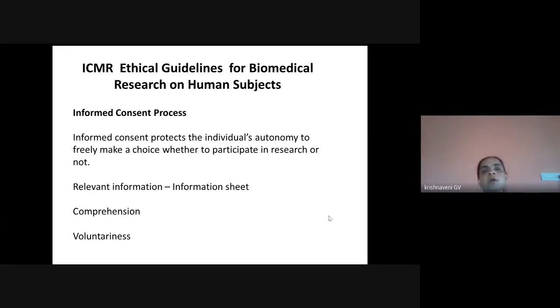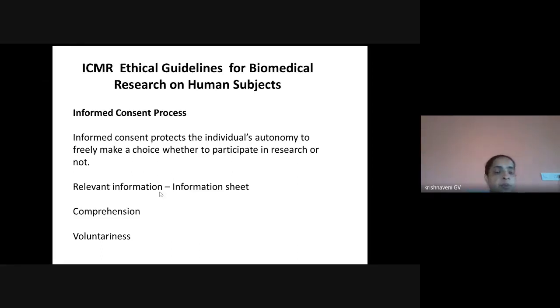And it is not only giving the relevant information. You have to give an information sheet also, a written document of what you said. You have to make sure that there was comprehension involved. That means the participant understood everything.